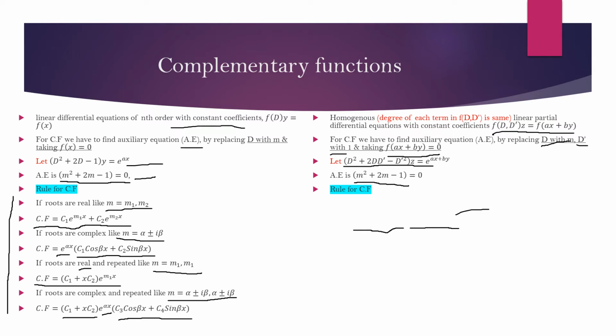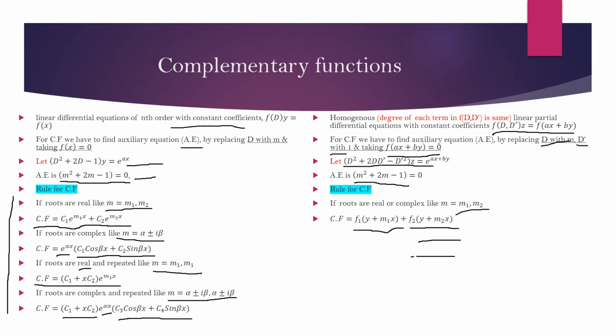If we interchange m1 and m2, there is no problem. Now if the roots are repeated, then f1(y plus m1x) plus x into f2(y plus m1x). This case is the same for real as well as for complex roots.